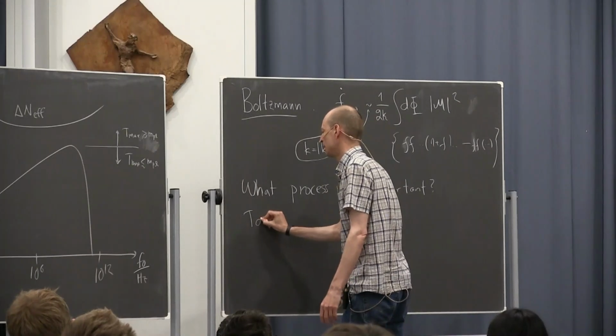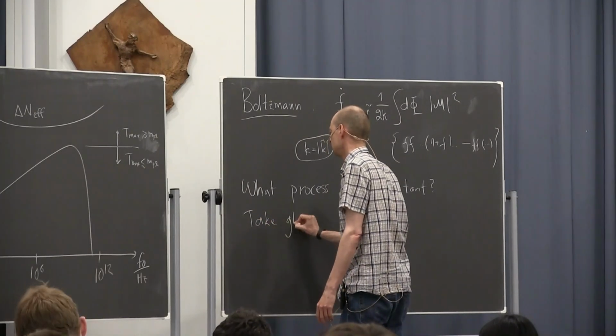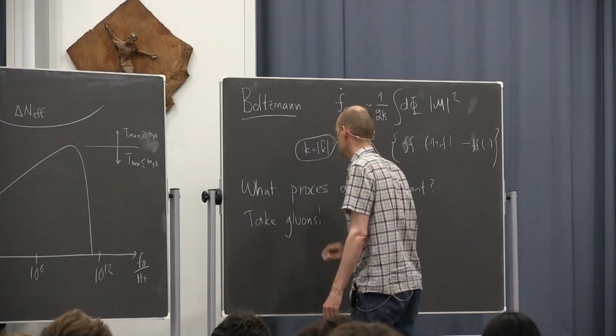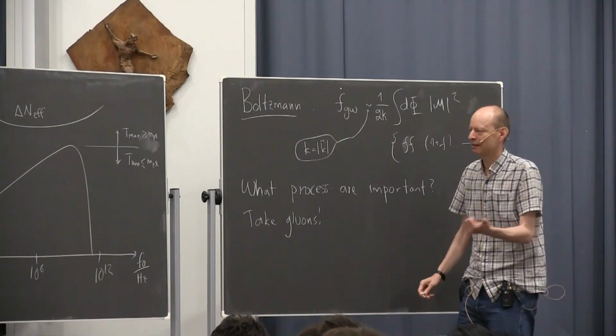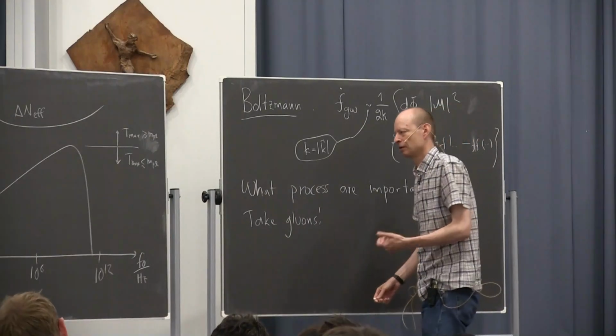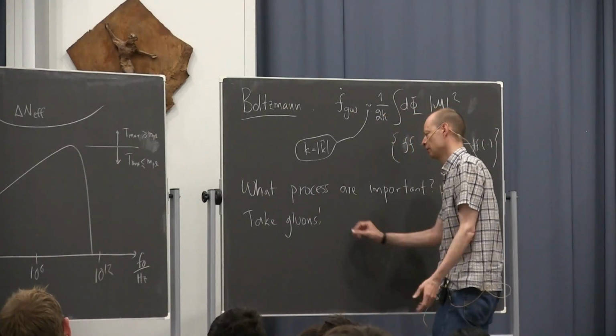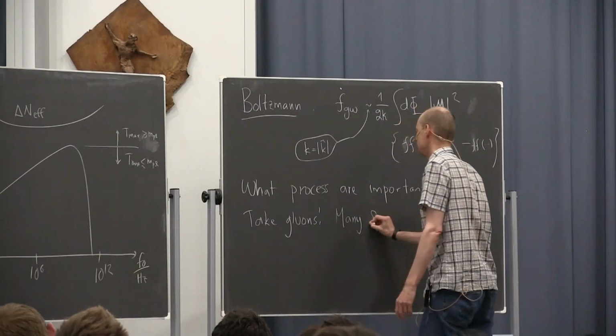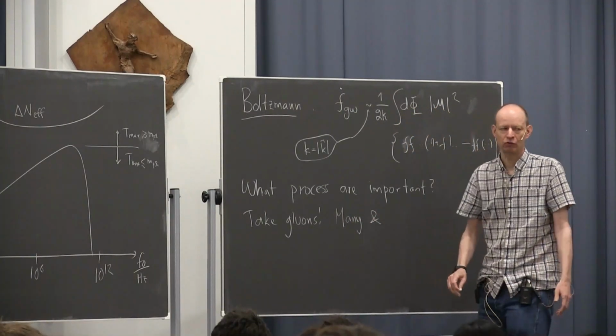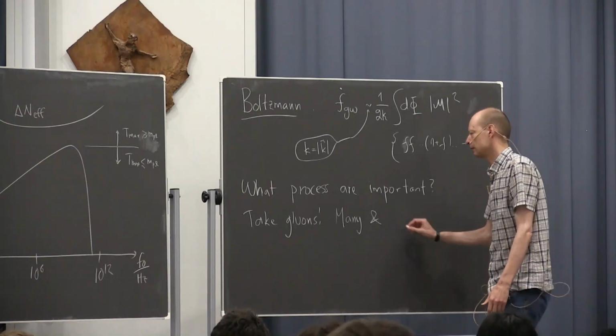Let's take gluons as an example. Why do I take gluons? Because gluons are the species from the standard model which has the largest number of degrees of freedom. So there are many gluons, and they are also interacting more strongly than most other particles.